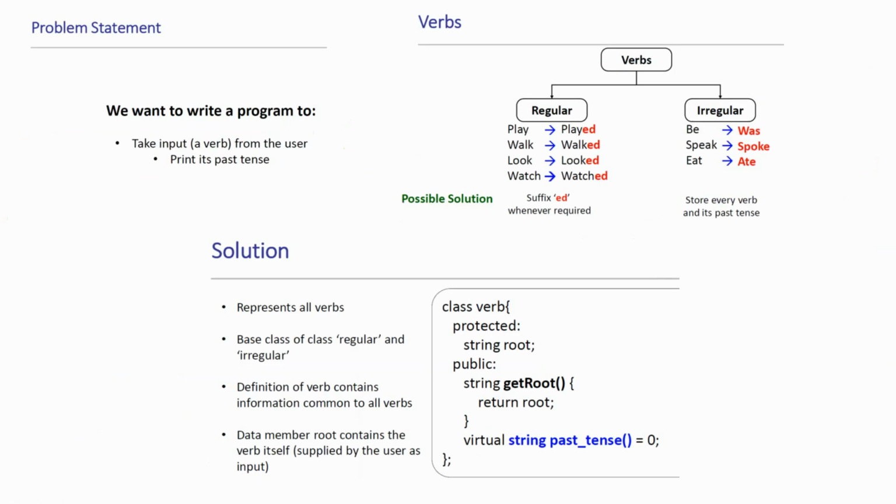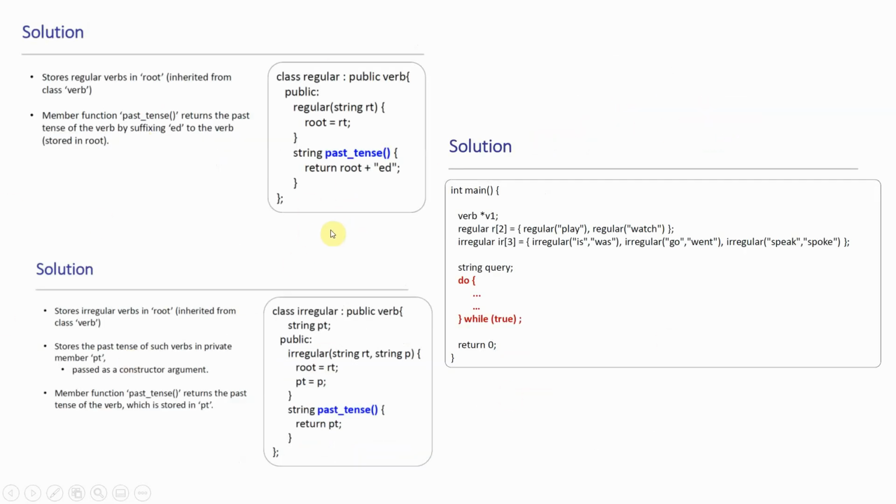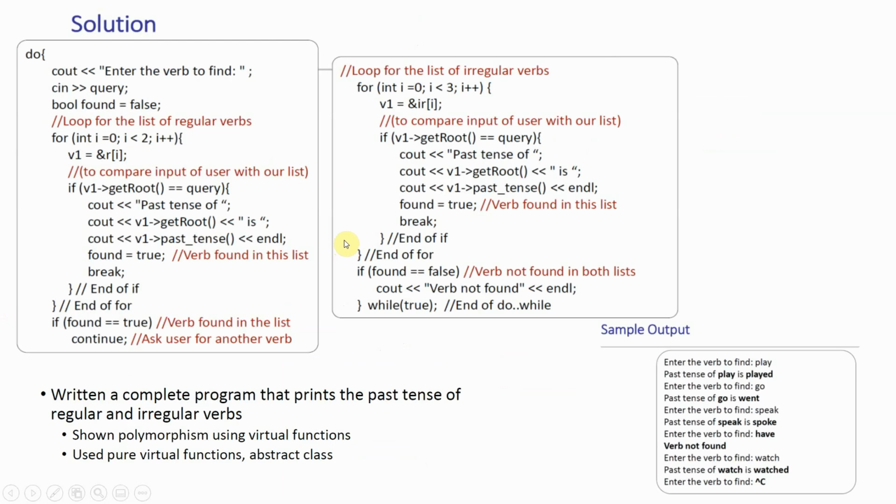The next few slides show you an example of writing a program that finds the past tense of some verbs, which can be regular or irregular. So this can be an abstract class. This is a subclass. This is another subclass. Here you see the solution for that. I'll just leave it up to you to look at it. This also shows a sample output.